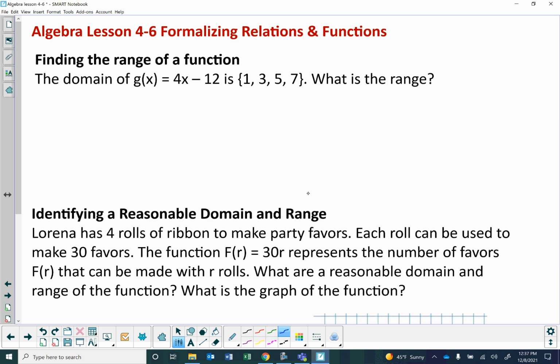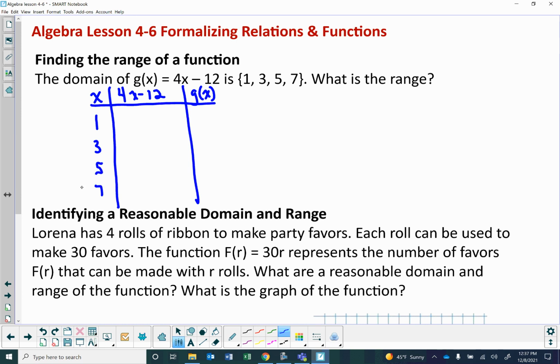So instead of having x and y, I'm going to have x and g of x, and we have 4x minus 12 in the middle. My domain is 1, 3, 5, and 7, so x is 1, 3, 5, and 7. I'm just going to replace x with 1 and figure out what g of x would be. So I have 4 times 1, which is 4, minus 12, which is negative 8.